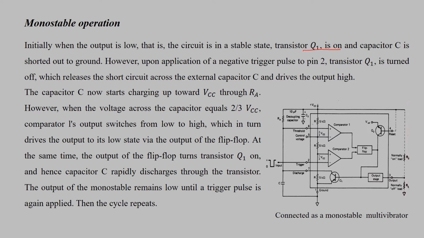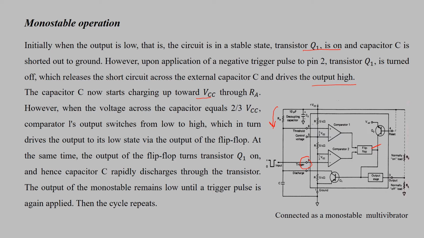However, upon application of negative trigger to pin number 2, the transistor Q1 is turned off through this flip-flop, which releases the short circuit across the external capacitor C and drives the output high. The capacitor now starts charging up towards VCC through this resistance RA.